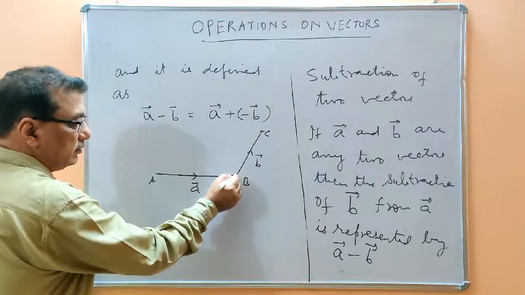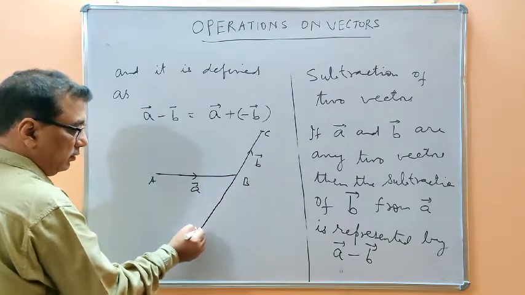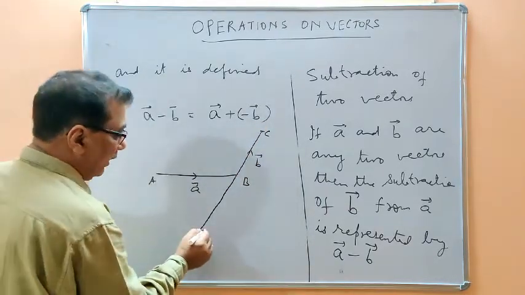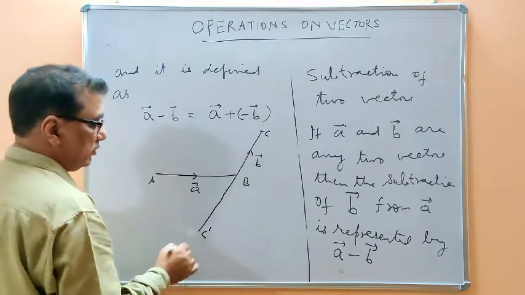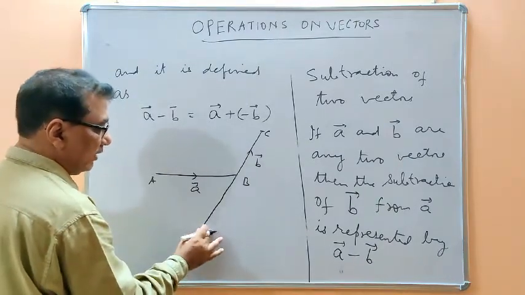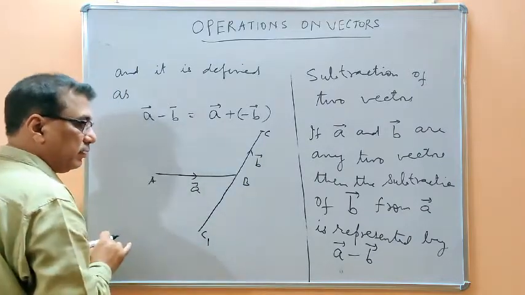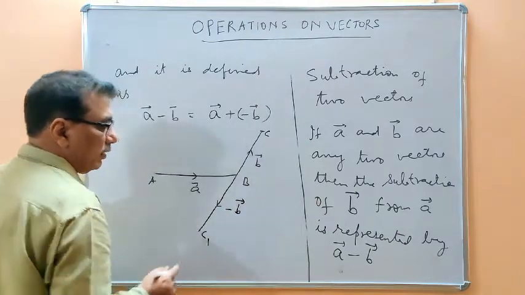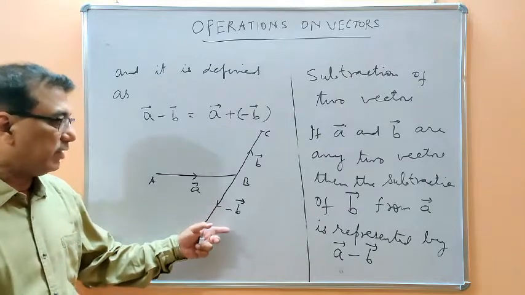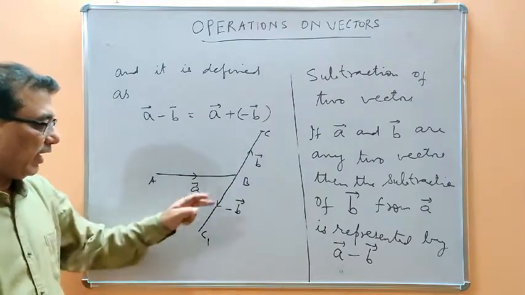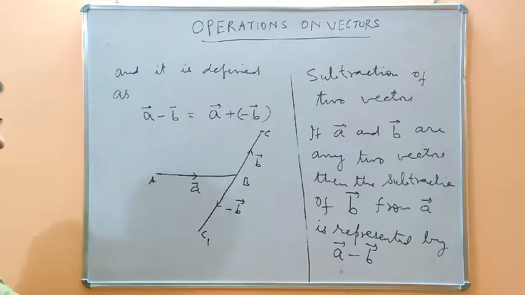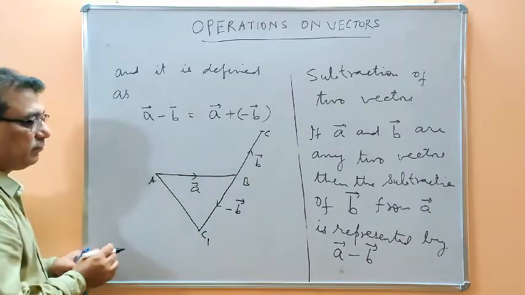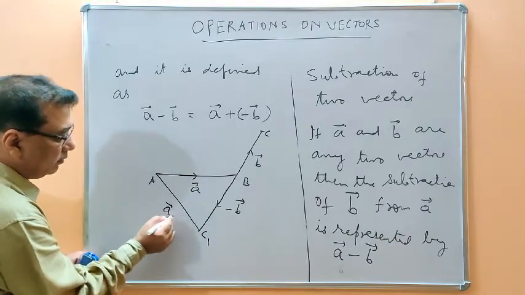Then let us extend this CB in the opposite direction, and stop at C dash or C1 such that the length BC is equal to the length BC1. Then this vector will be minus B, because in direction it is opposite to B and in magnitude the same, so this is called the negative of B. Then this vector AC1 will be A minus B.